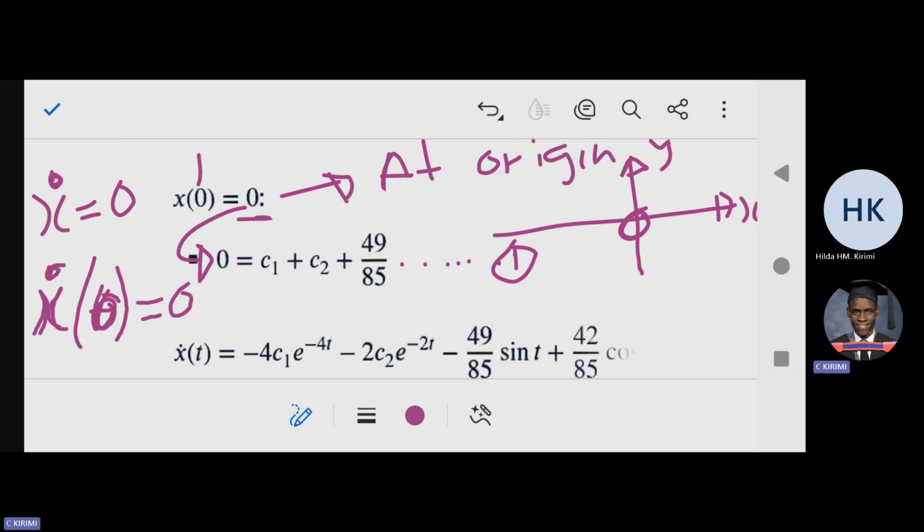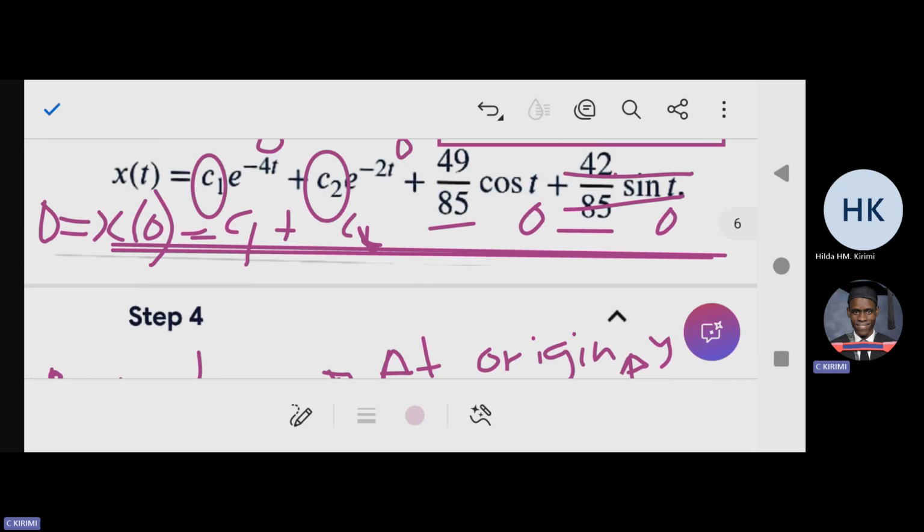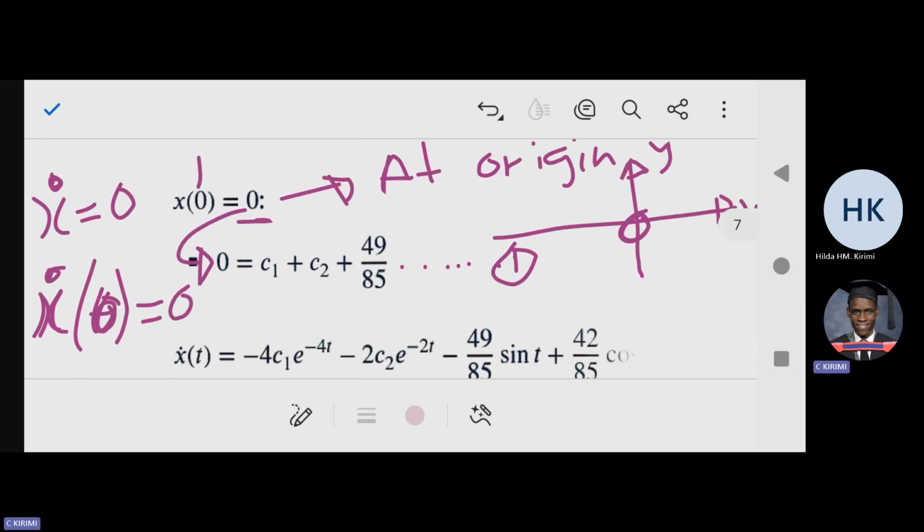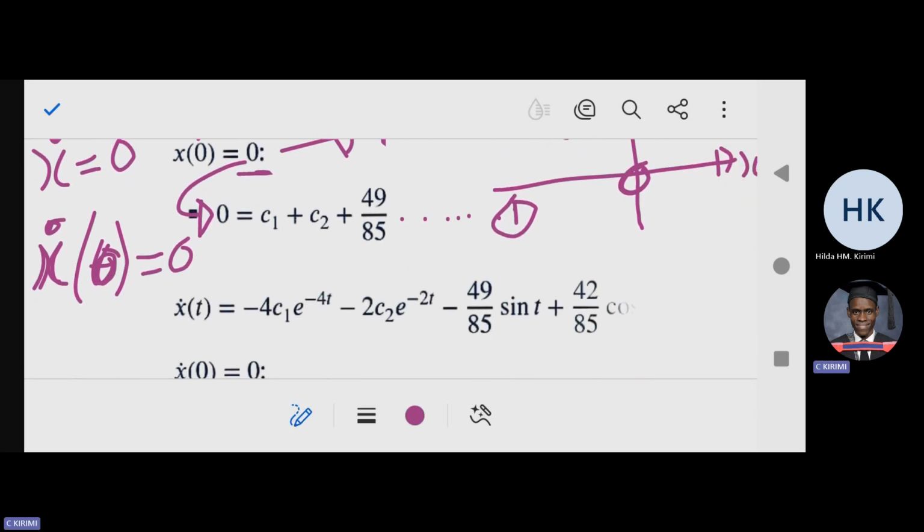If the particle was at rest, the velocity is 0. How do you find velocity? You differentiate again this general solution, which you obtained, which has the homogeneous and particular parts. When you differentiate it again, you are going to get this equation.